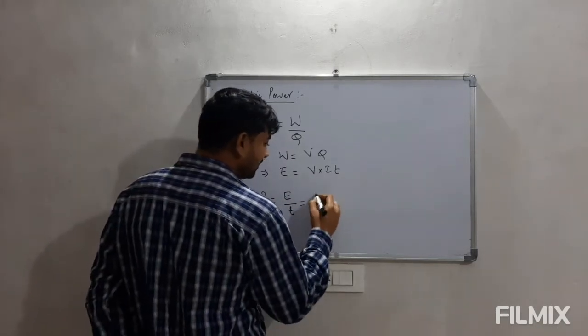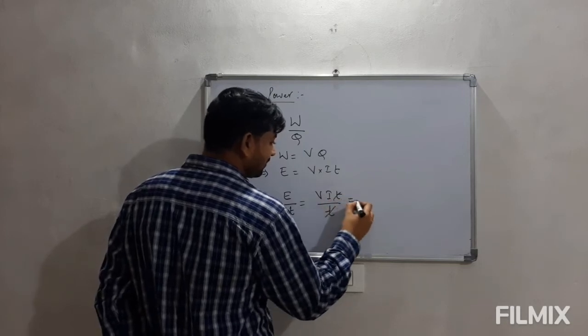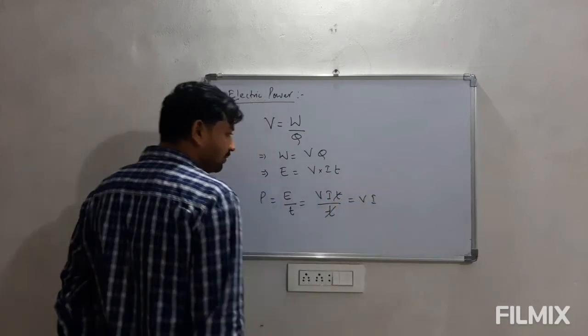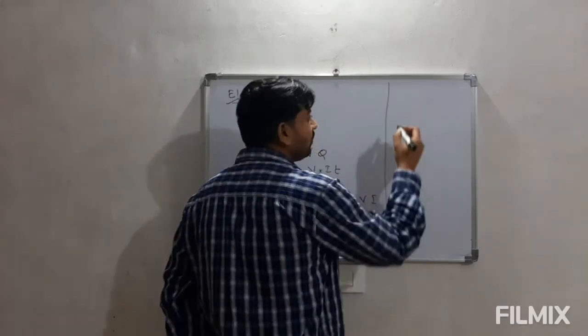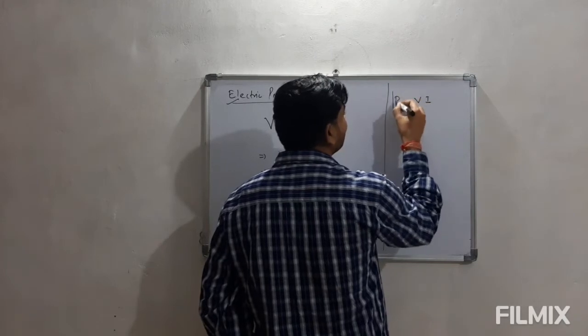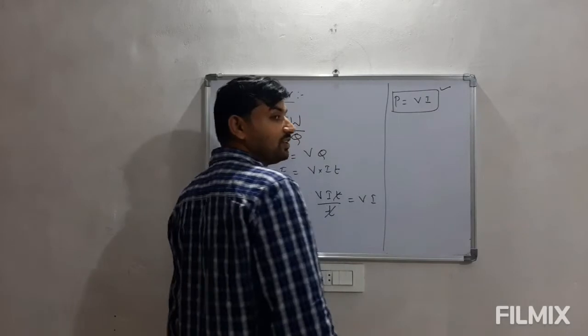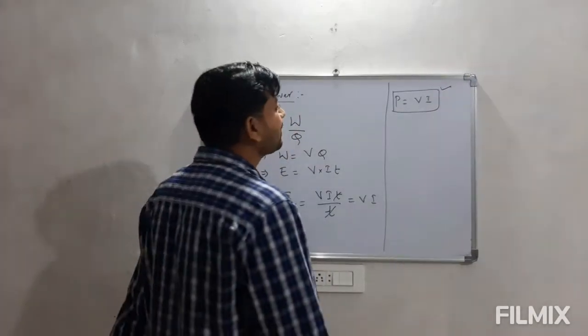So from here we can write VIT upon T. T and T cancel, so from here we are getting a relation of power with voltage and current, that is power is VI, and this is the basic formula of power, which is potential difference multiplied with the current.